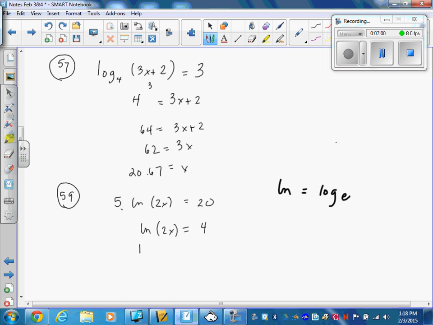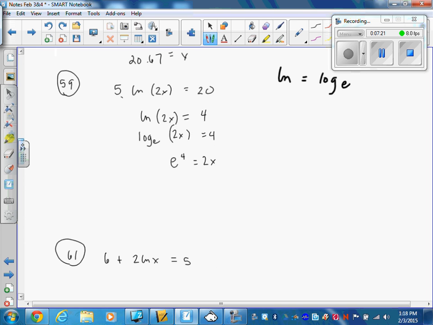So this is log base e of 2x equals 4. So this is going to be e to the 4th equals 2x. And since e to the 4th is equal to 2x, then e to the 4th divided by 2 is going to be my answer.